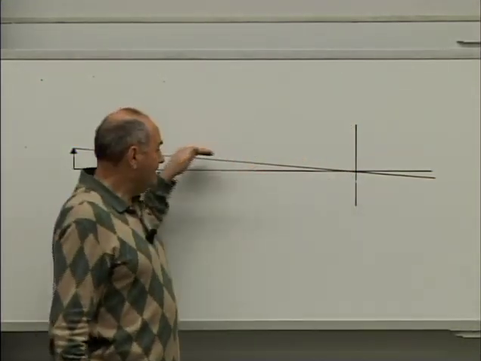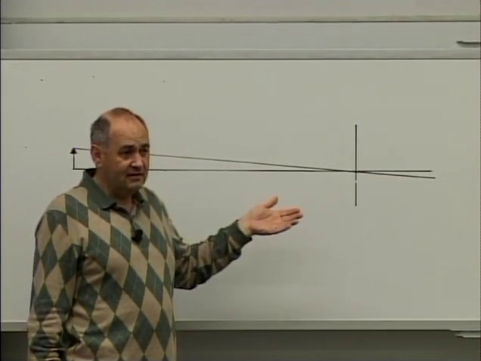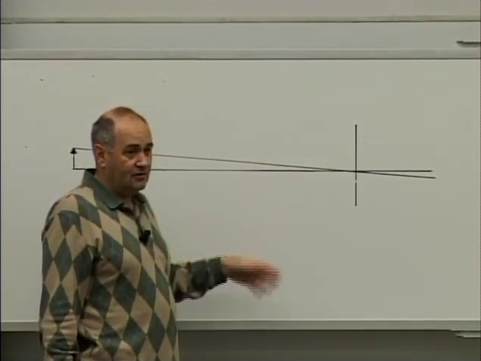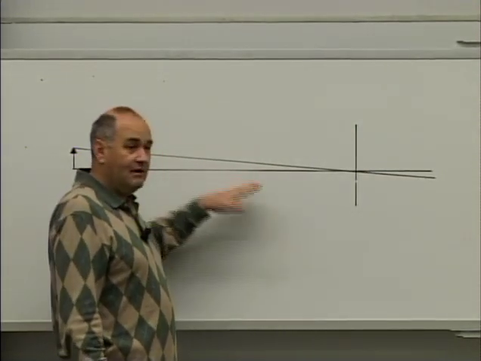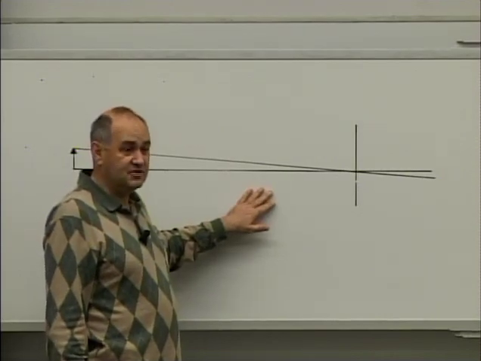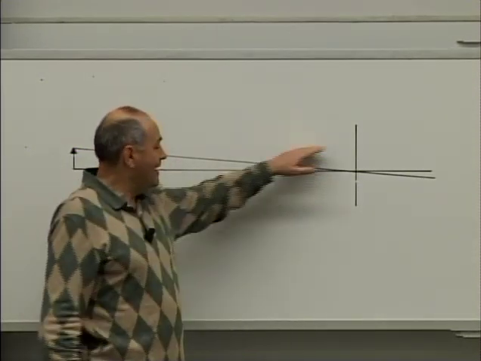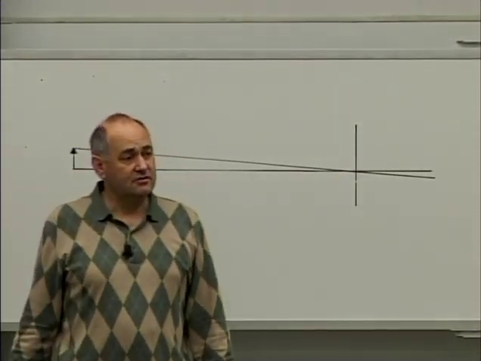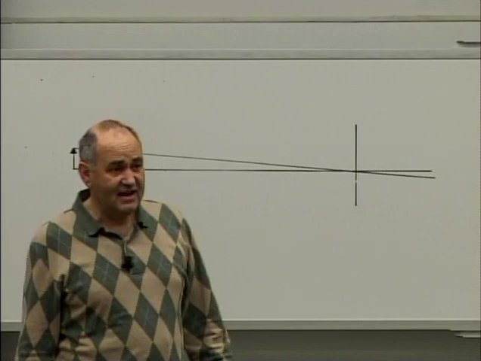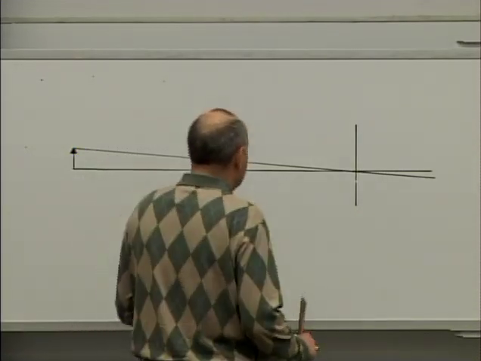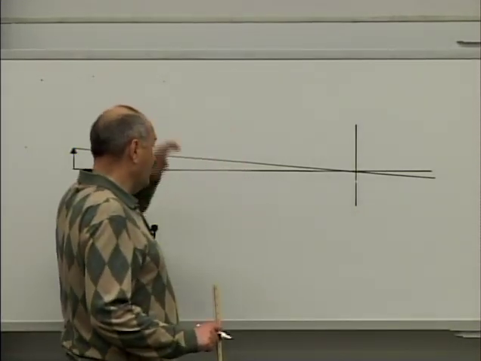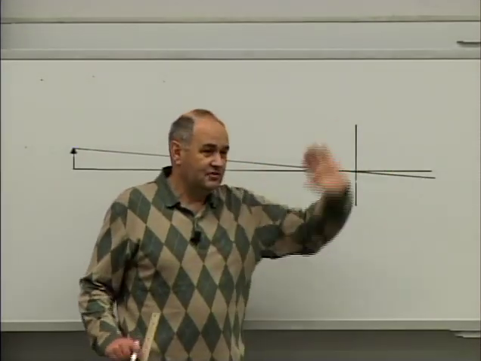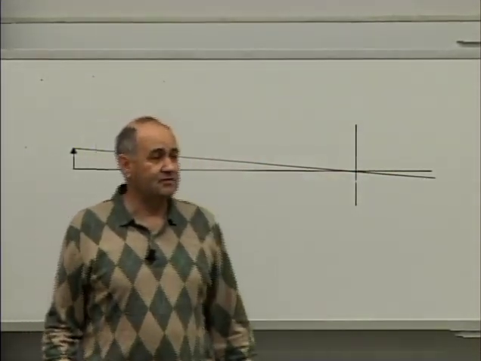If we use a parallel ray or focal ray, we don't know where the focal point is, so we don't know how to draw the object focal ray. If we start with a parallel ray, we don't know how light is going to be refracted, because we don't know where the image focal point is. However, the chief ray will travel this way, no matter what kind of lens we have.